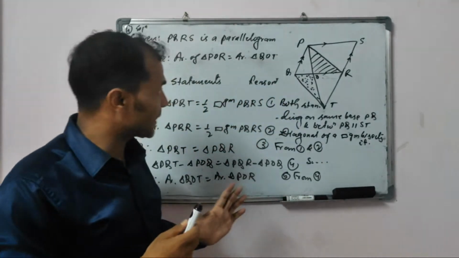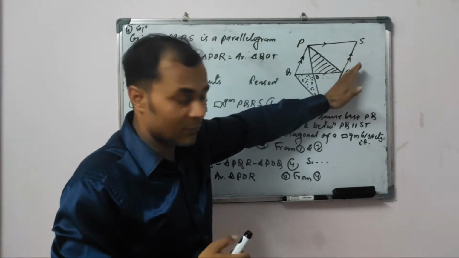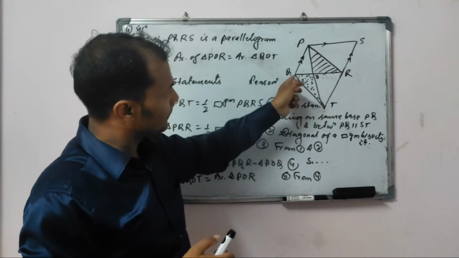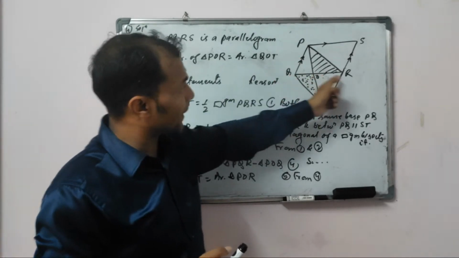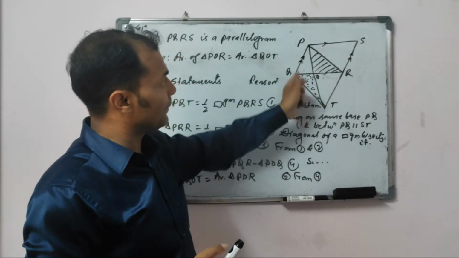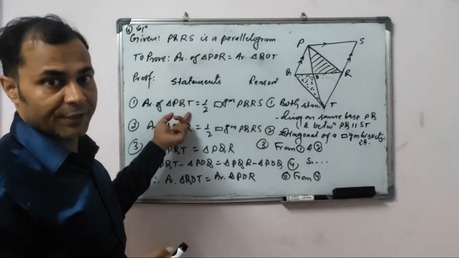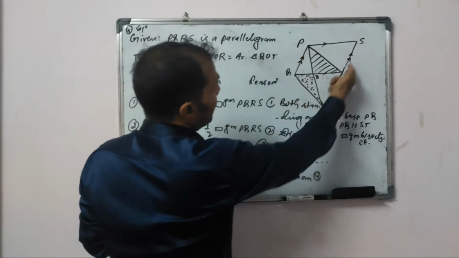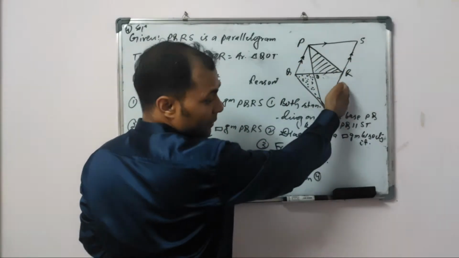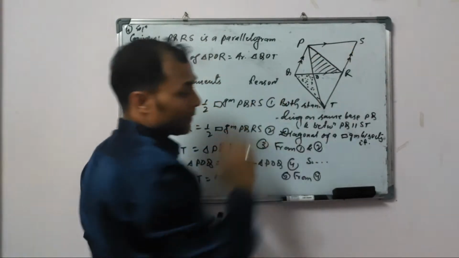Look at, I'll explain once again. See, on this base and between these parallel lines, here is a triangle. And on same base, here is a parallelogram. So this triangle will be half of this parallelogram, first point. That has been mentioned over here. Now second case, in this parallelogram PQRS, this is a diagonal, right? So this triangle will be half of this parallelogram.